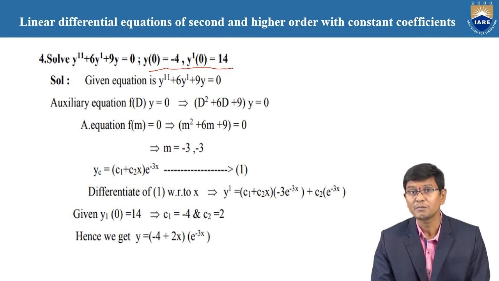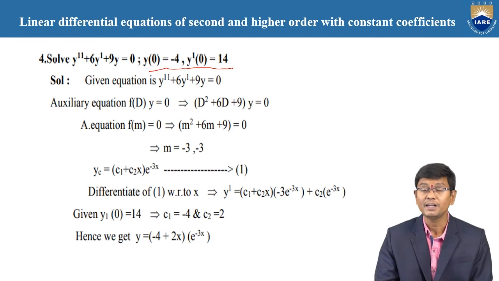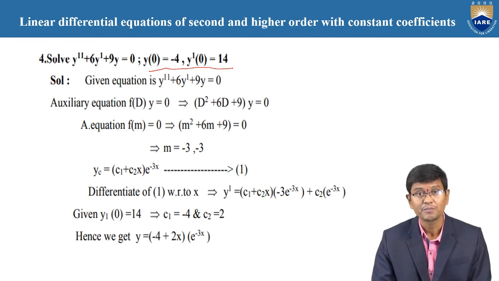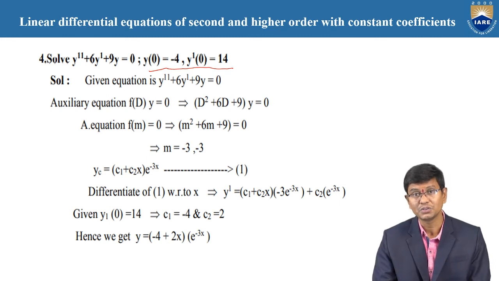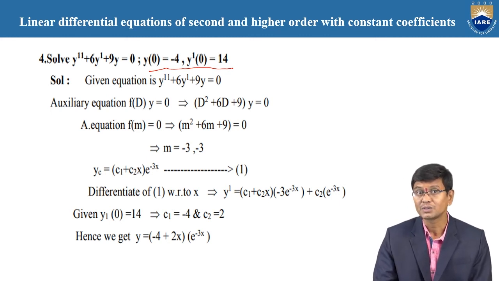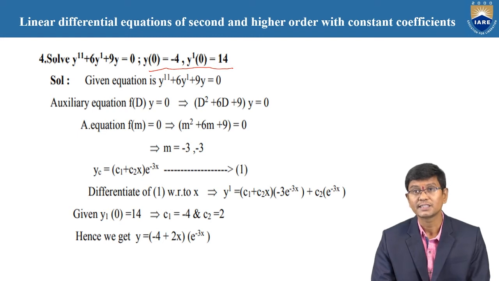Therefore, if a given problem includes initial values, we need to find the auxiliary equation, then find the general solution, and using y of 0 is equal to minus 4 and y dash of 0 is equal to 14, we find the values of c1 and c2. Now here the equation is y double dash plus 6y dash plus 9y is equal to 0.